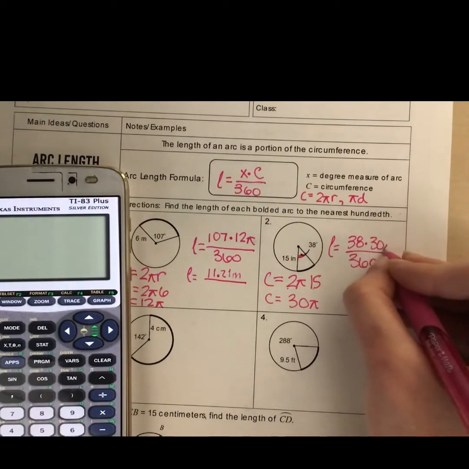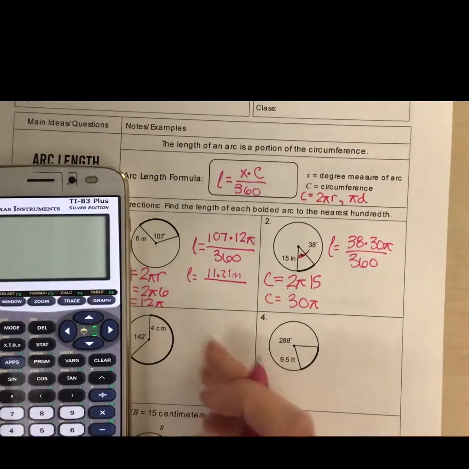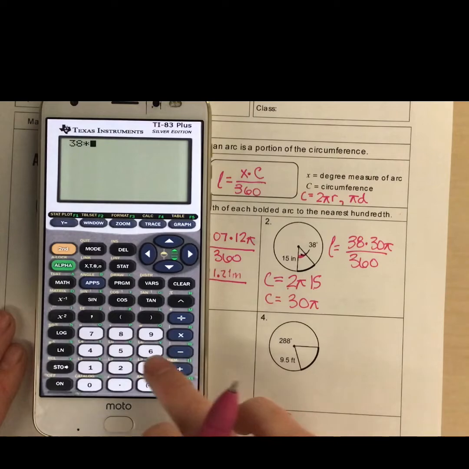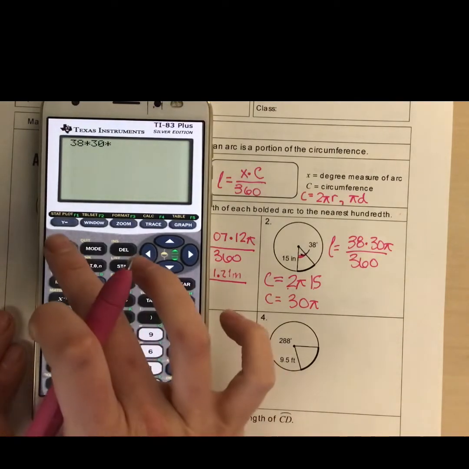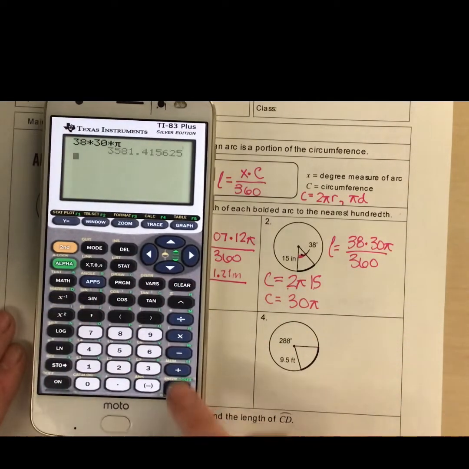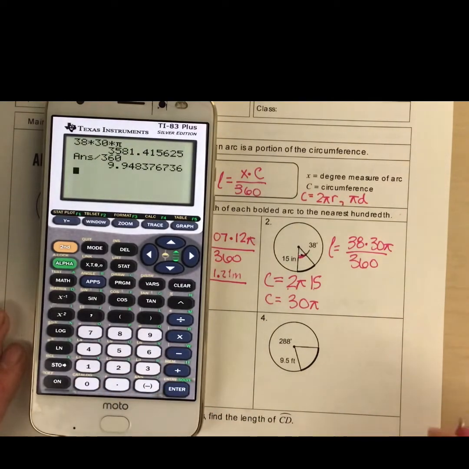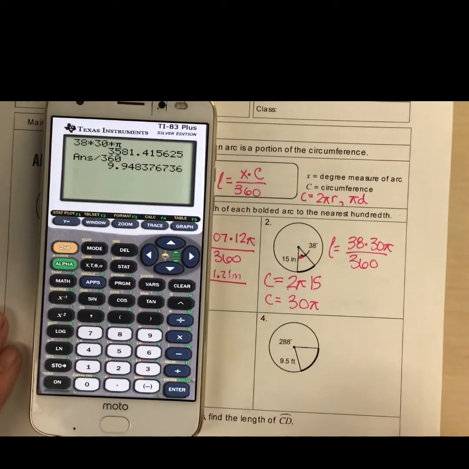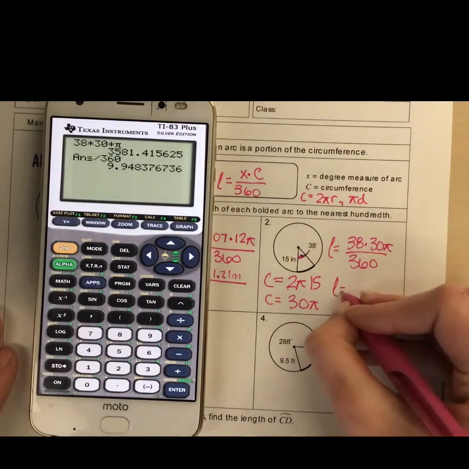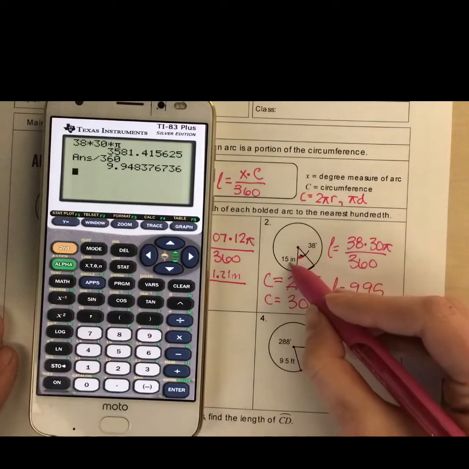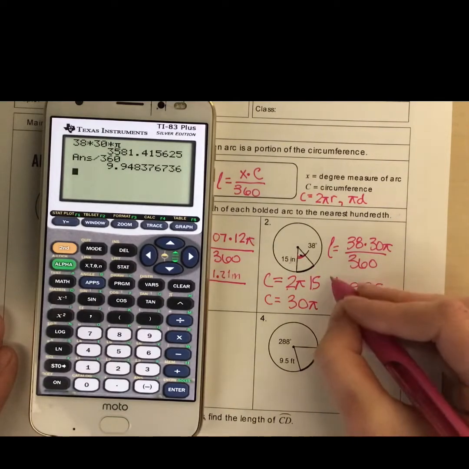So 30 pi. Again, in my calculator, I'm going to type that in, 38 times 30 times second pi divided by 360. I get 9.948, so I can round my length to say 9.95. And don't forget your units of inches.